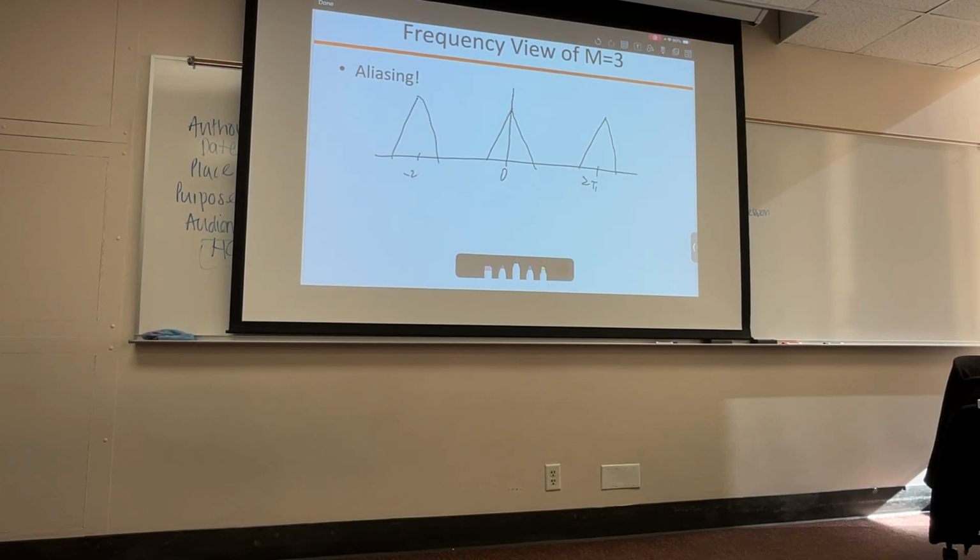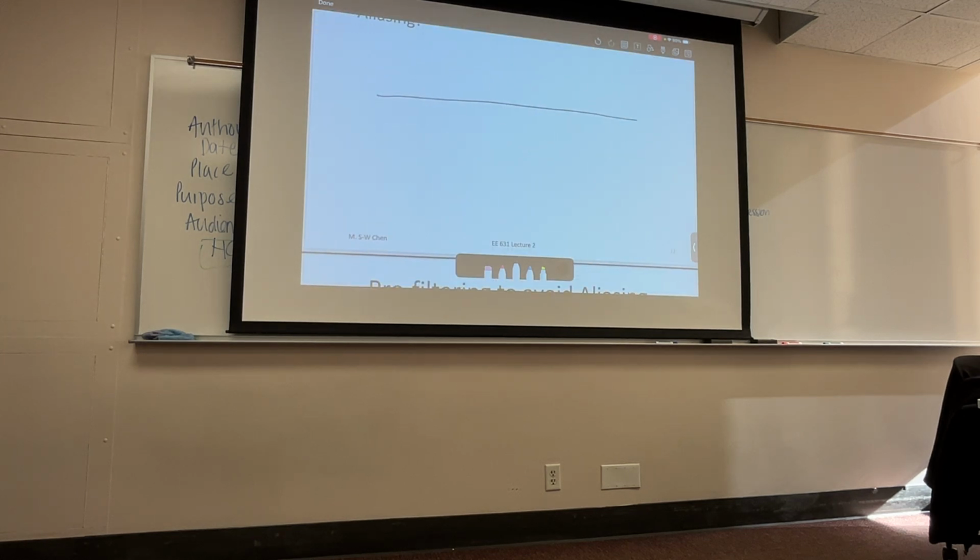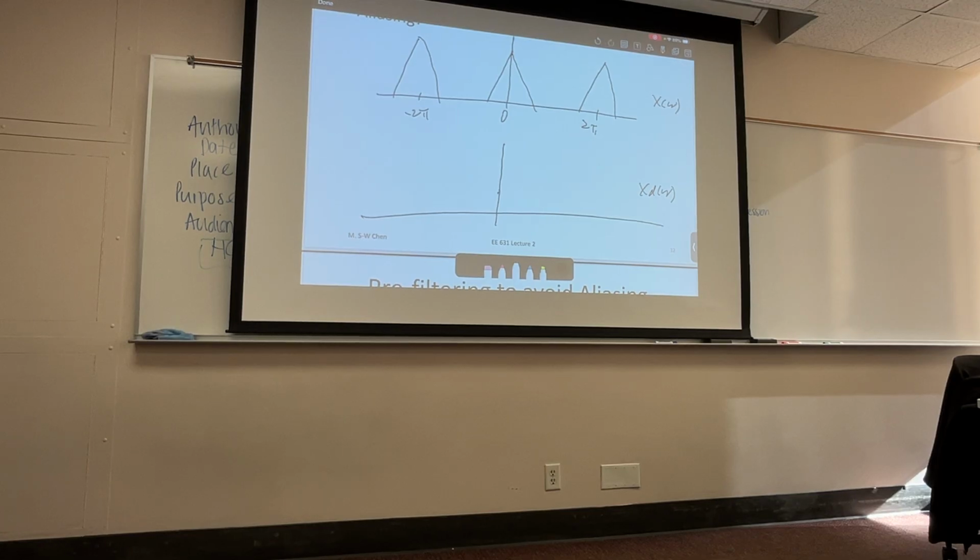So factor of 3, what should I do after downsample? First of all, the height becomes 1/3, right? So now it has to be even lower, right? 1/3. How about the base? Wider, 3 times, right? 3 times wider.